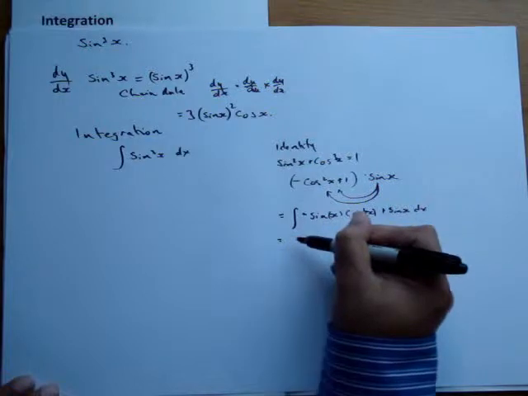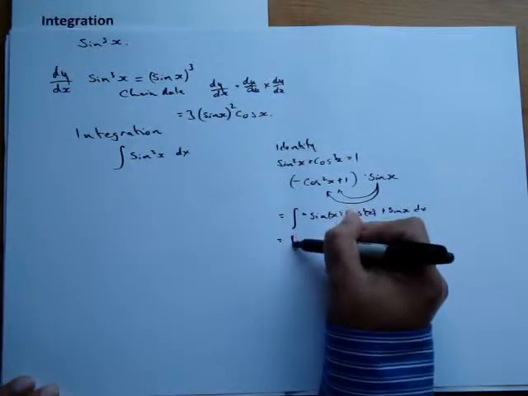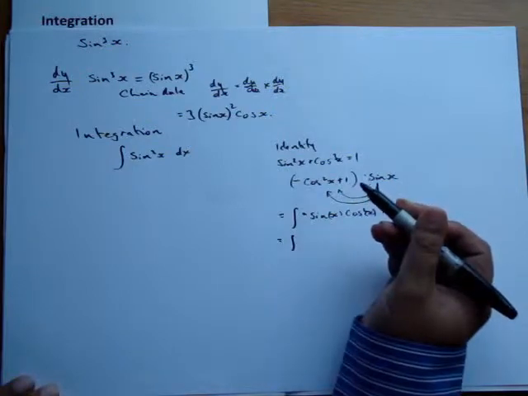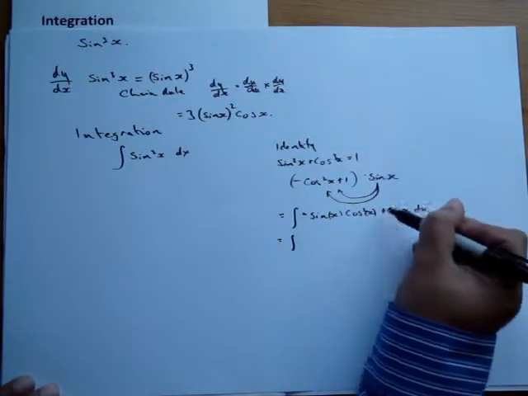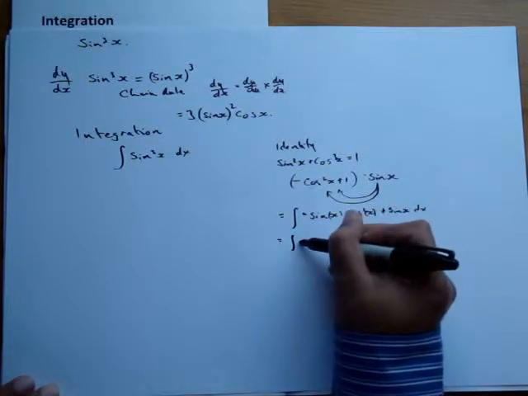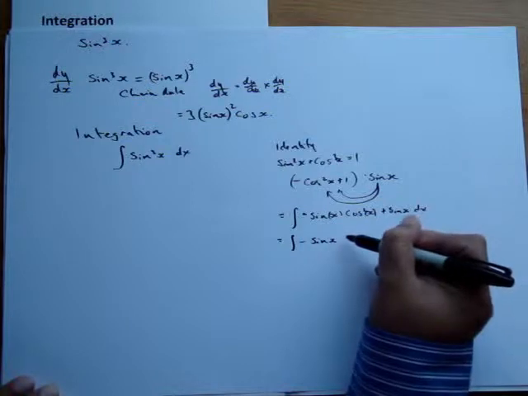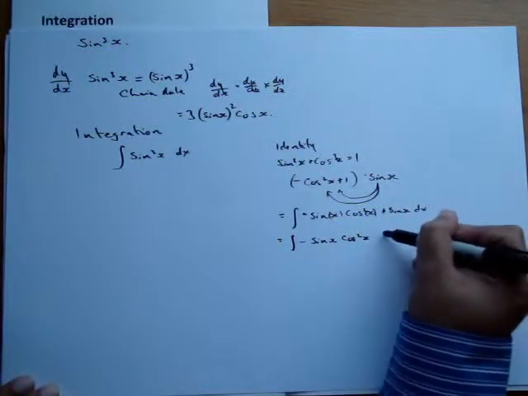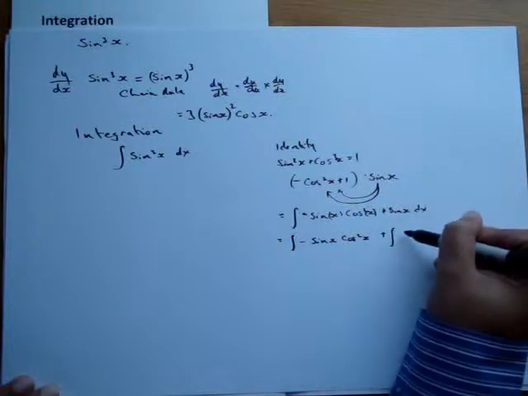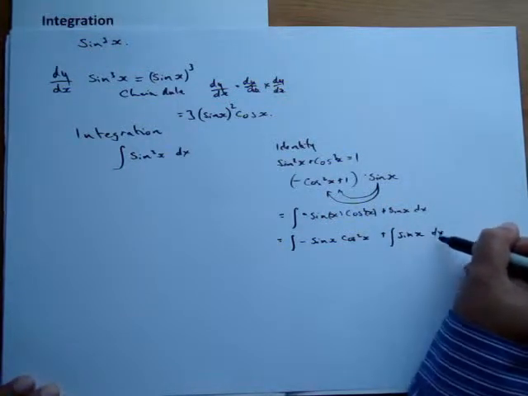This equals, because of the plus sign we can split it into two, minus the integral of sine x cos squared x plus the integral of sine x dx.